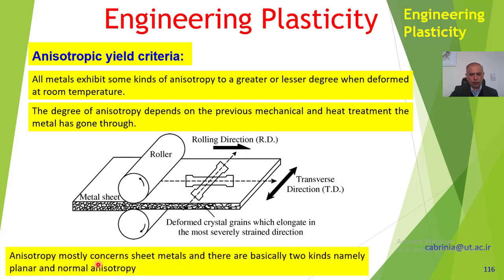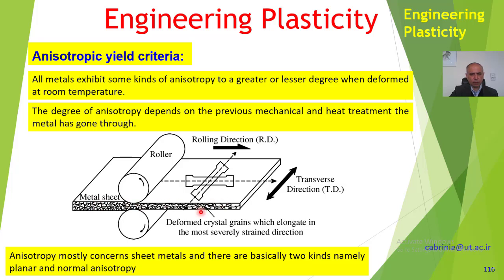And anisotropy mostly concerns sheet metals. There are basically two kinds, namely planar and normal anisotropy, which I'm going to explain in the next slide. If we have a bulk material, it's very unlikely to have anisotropy, because as we have shown here, anisotropy happens mainly due to the rolling operations, where the grains are elongated.